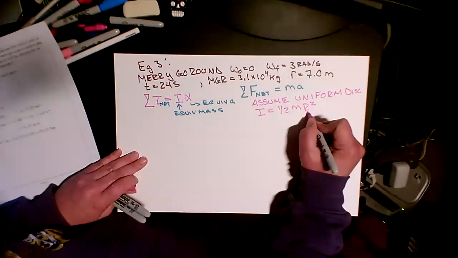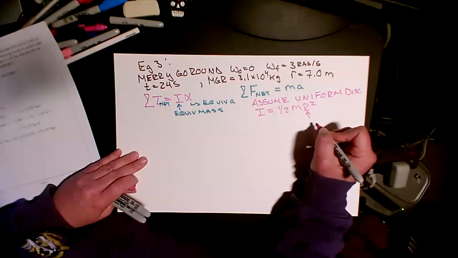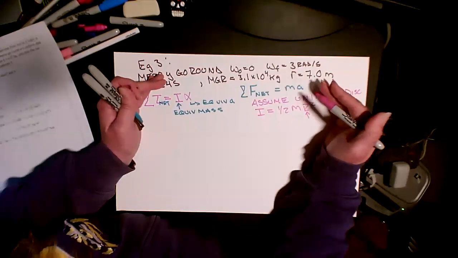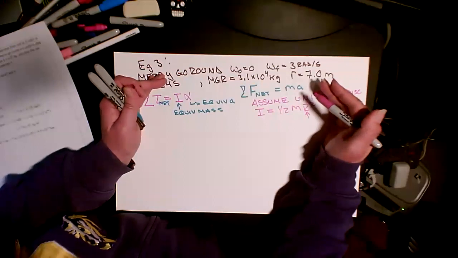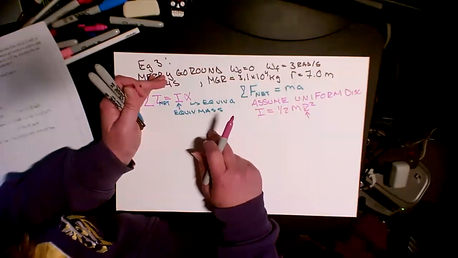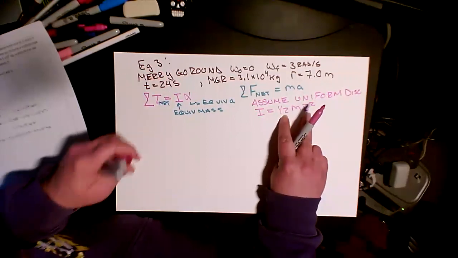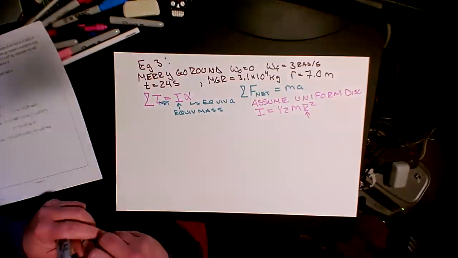So r is the radius of the disk, because here what's rotating is the entire disk. Remember I said r is from the axis of rotation to where the mass is. So for this one, it's from the center of the disk where it's rotating around to the edge. And so we get that I for a disk is 1/2 mr squared.